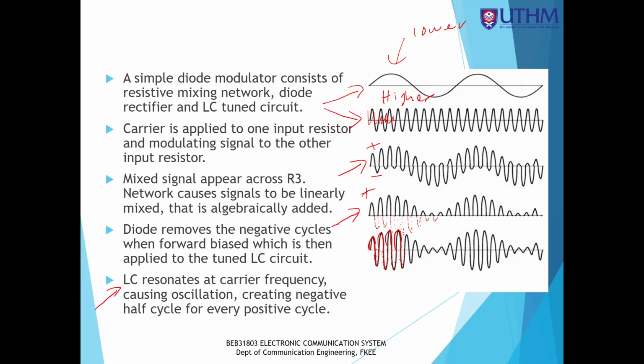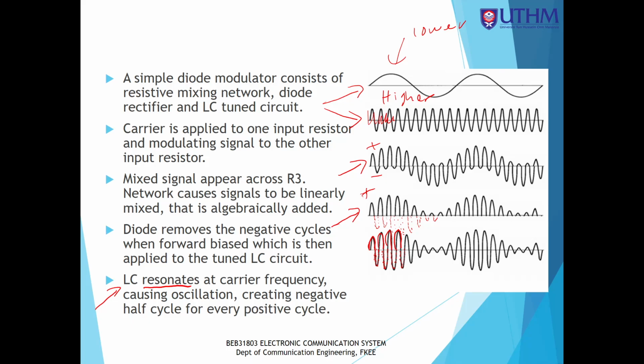Resonates means that it will operate at the carrier frequency. That's why during the negative cycle it will oscillate, which produces the negative cycle of the output. So that's why at the end of the circuit, we're going to see a complete double sideband full carrier waveform.